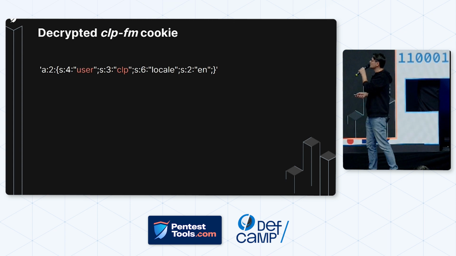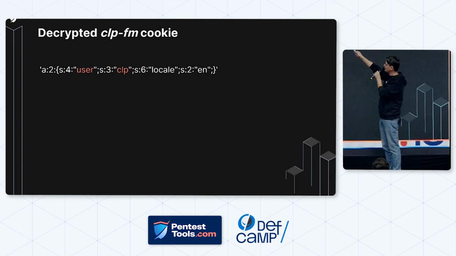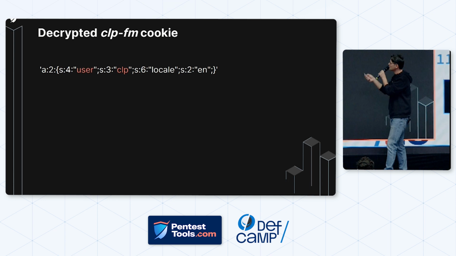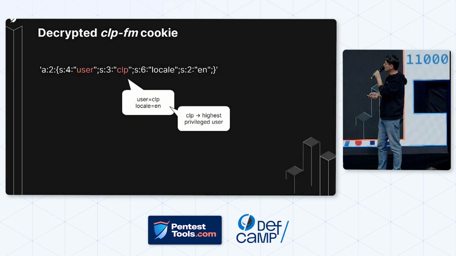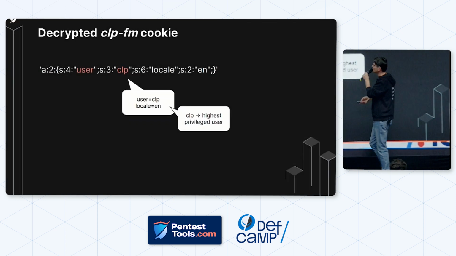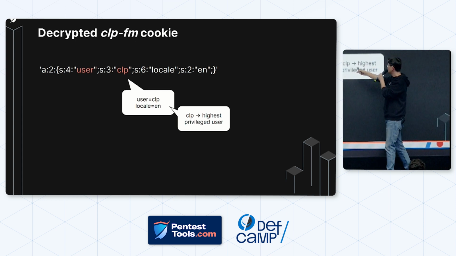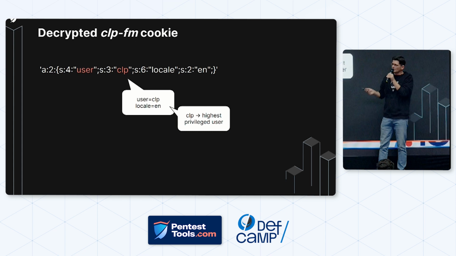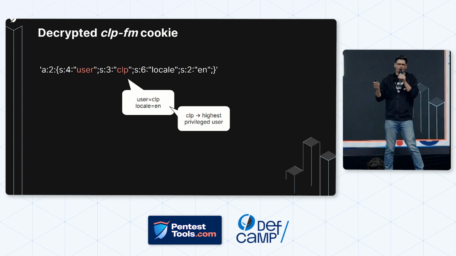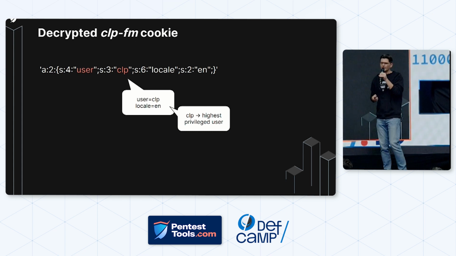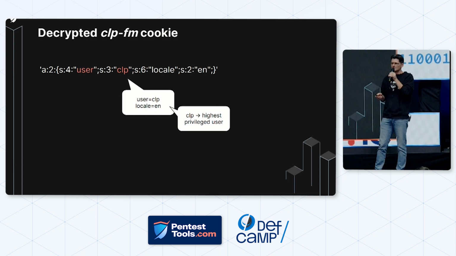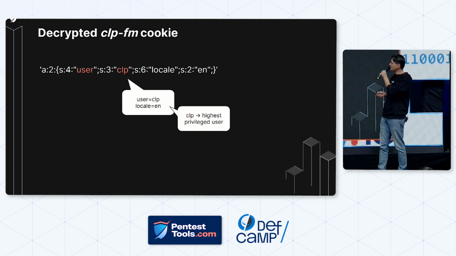So this is the famous CLPFM cookie decrypted, and you can see that it's a serialized array, and it contains two members, user equals clp. And why clp? Because it's the highest privileged user that CloudPanel installs on the server, and it is able to manage all the sites from the server, all the websites.